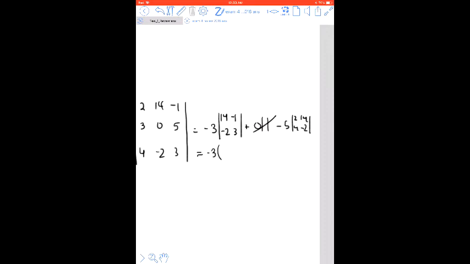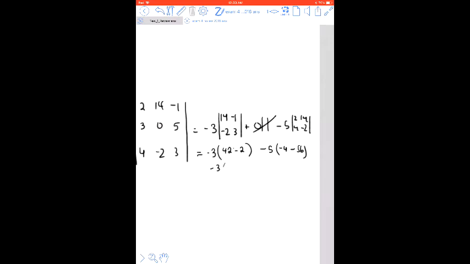So this determinant from that 2 by 2 matrix, let's see, 14 times 3, that's 42. 42 minus 2. And then here I'm going to have negative 4 minus 14 times 4, that's 56.